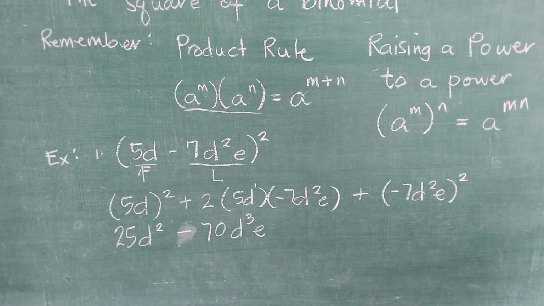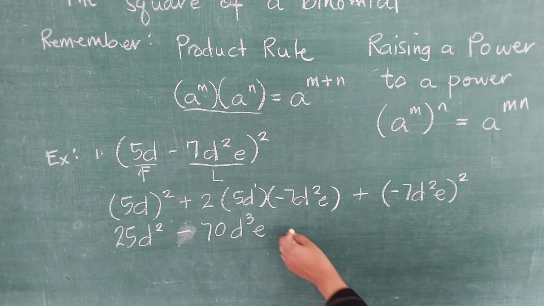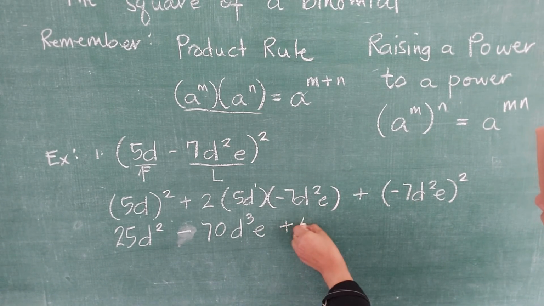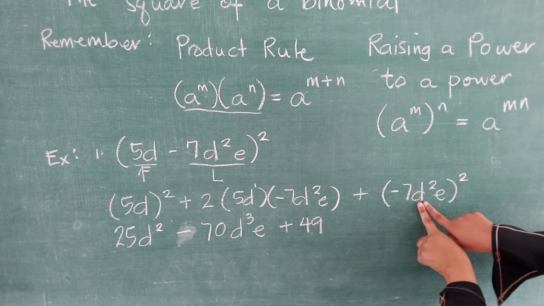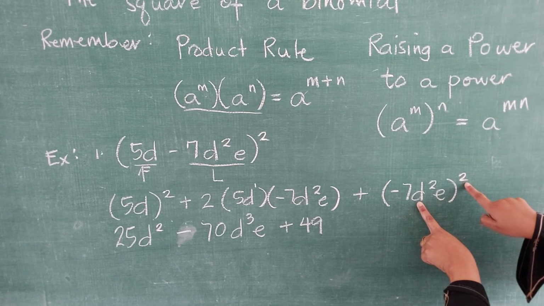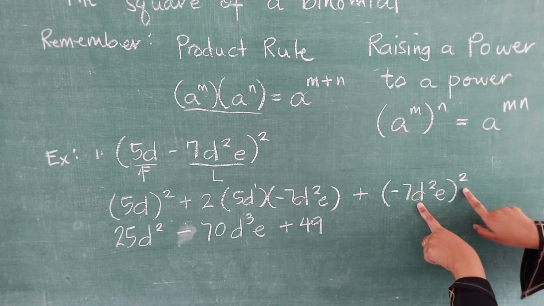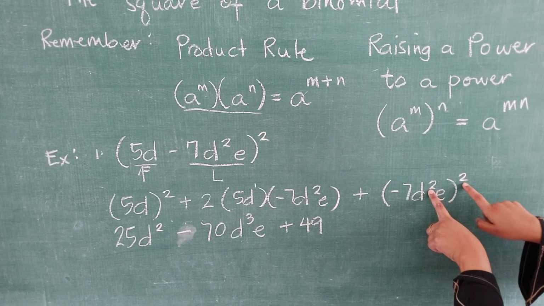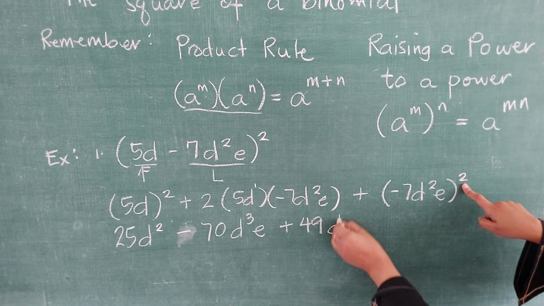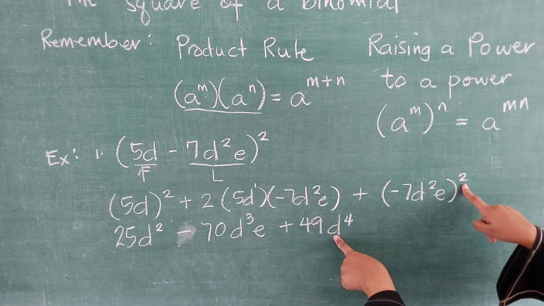E. Next, negative 7 times negative 7, positive 49. Okay, so d squared, quantity, squared, dito sa raising a power to a power, multiply 2 times 2, magiging d to the power of 4 or d to the 4th power.